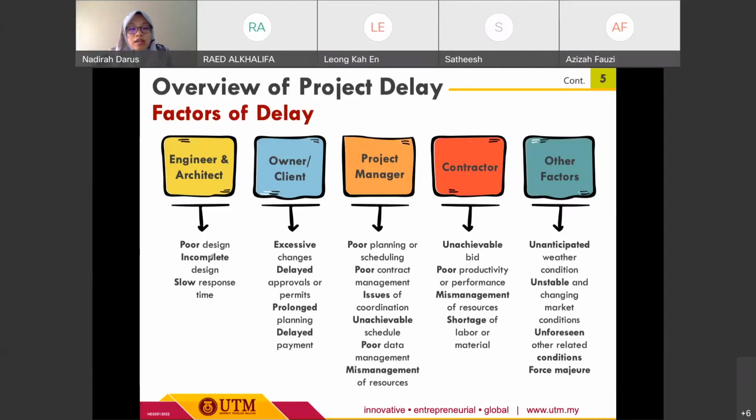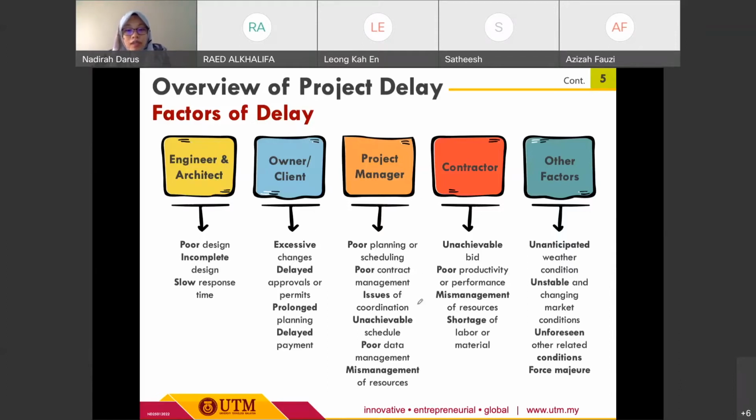And then the slow response time is related to any deviation or changes of the design, so there should be a fast response time so that the rest of the parties will be able to proceed with the work. Okay, so that's the first factor of delay, by the engineer or architect.